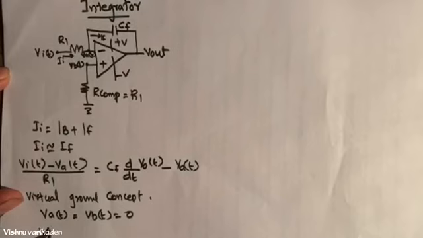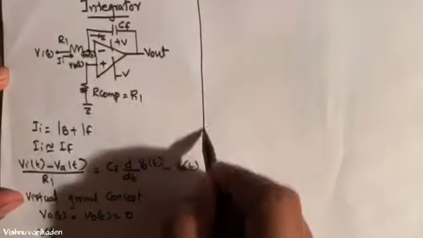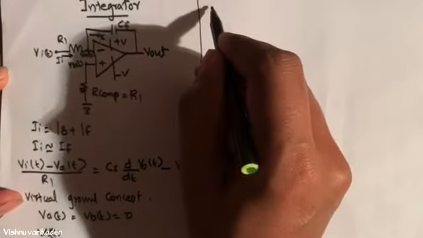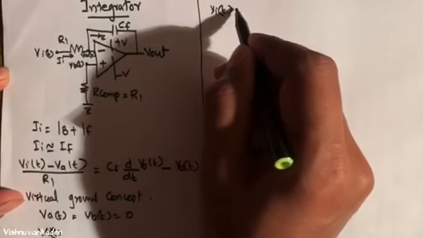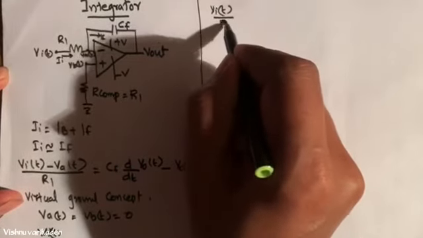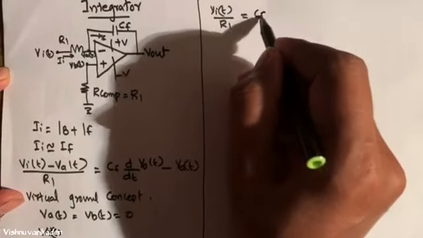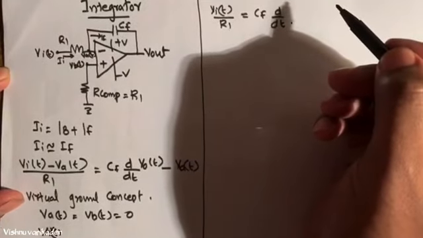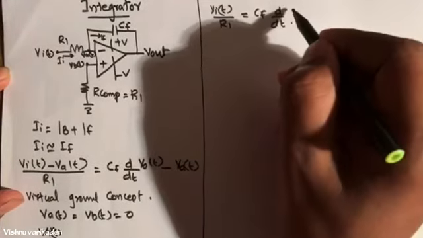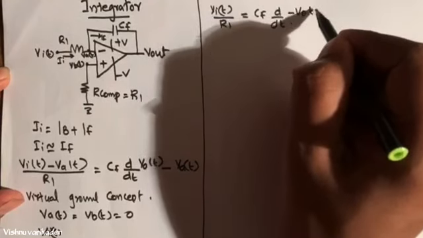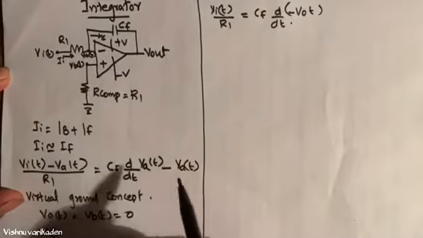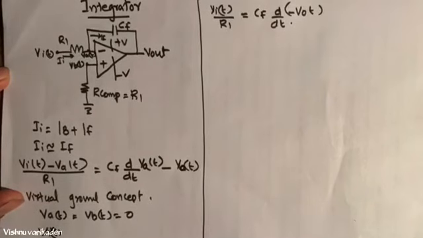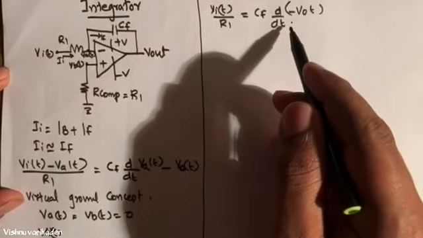Now the equation becomes VA of t by R1 is equal to capacitor Cf d by dt of VA of t minus V0 of t. So the equation becomes Cf into d by dt of minus V0 of t.